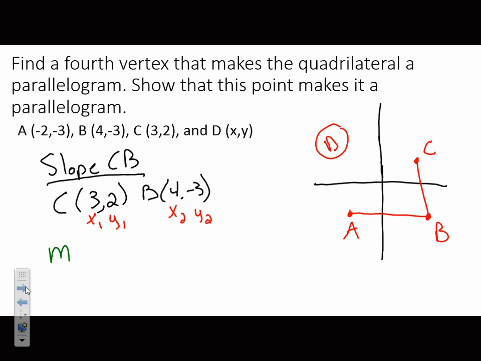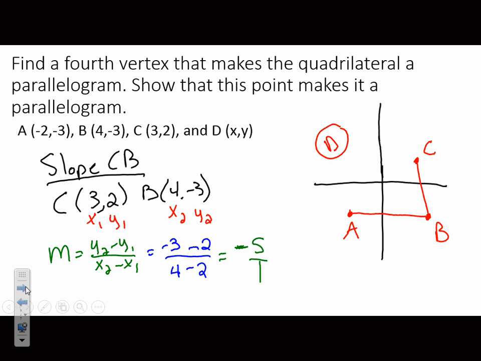So m equals y2 minus y1 all over x2 minus x1. So we plug this in. My y2 is -3 minus 2 all over my x2, which is 4 minus 3. So here I'm going to get -5 all over 1. Now, to find my missing one, I'm going to plug it back into the slope formula.